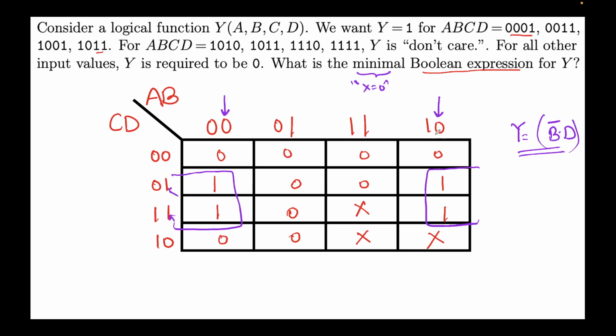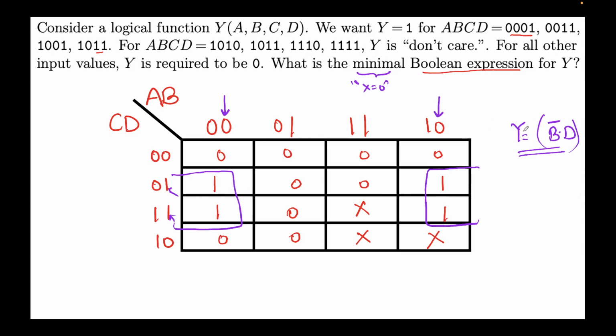How did we arrive at 1 here? Because B is 0 in this column and 0 here. A is changing, so we can't take A, and B is 0, so we took B bar. In these two rows C is changing, so we drop C, and D is 1, so we take B bar times D. We also verified that all the other terms come out to be 0, and only these 4 terms come out to be 1. Hence this Boolean expression is B bar D.